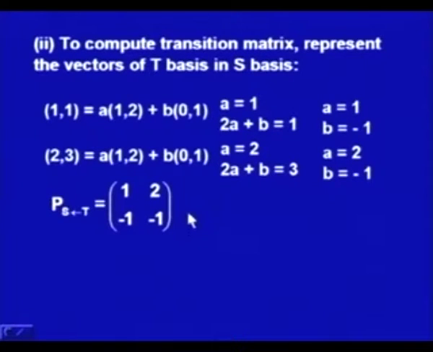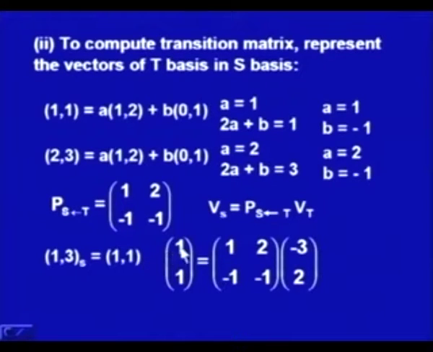Now, let us try to verify the result which we have developed, that is Vs = Pst Vt. For this, we say (1, 3) in S is equal to (1, 1). This can be obtained by solving as we have done here, and then we say (1, 1), this is Vs, is the transition matrix which we have obtained here, multiplied by Vt.